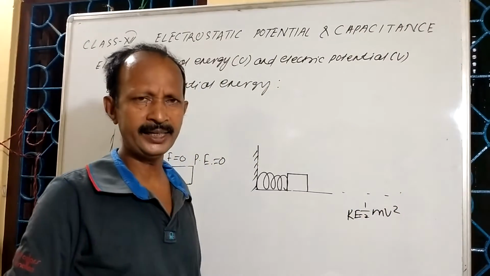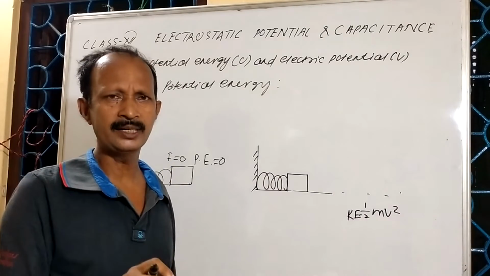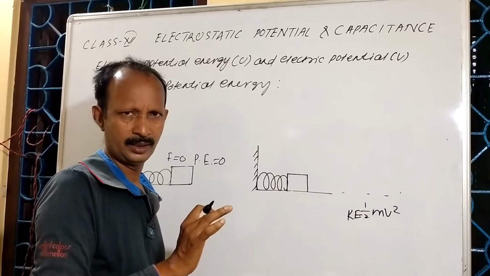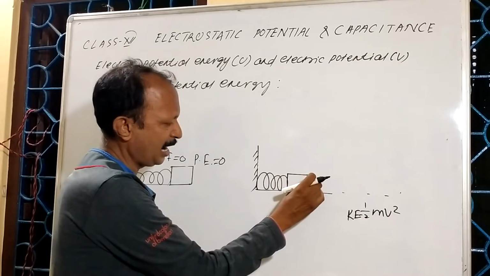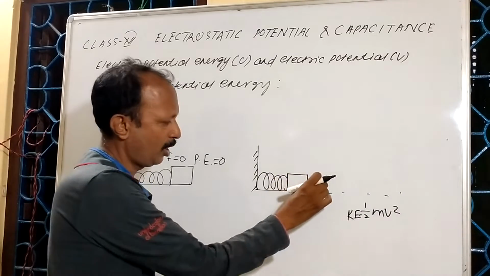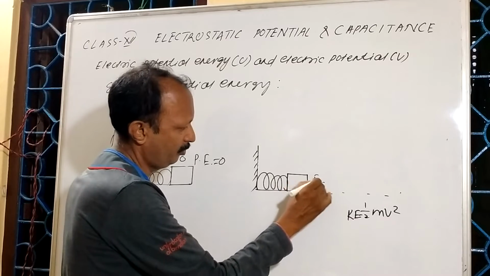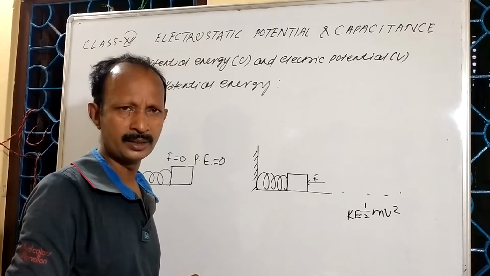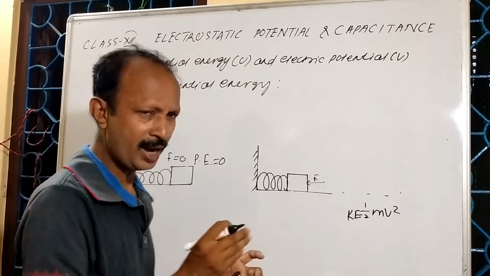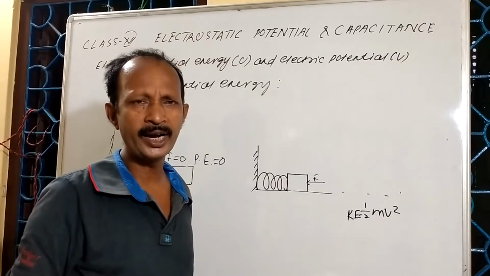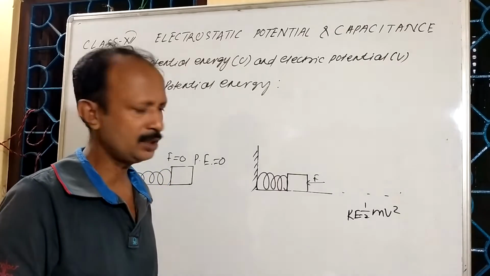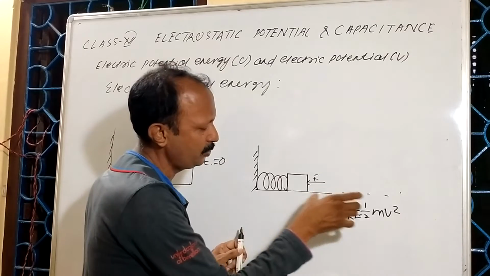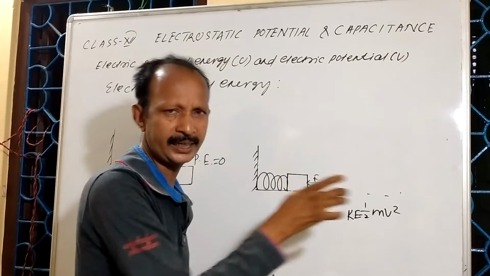From where did this kinetic energy come? This kinetic energy came when I compressed it. Or you can say that I applied the force on this wooden block this side. I applied the force. It compressed. So in that compressed state, the work that I did was stored in the form of potential energy. So when I released it, that potential energy was converted into kinetic energy.